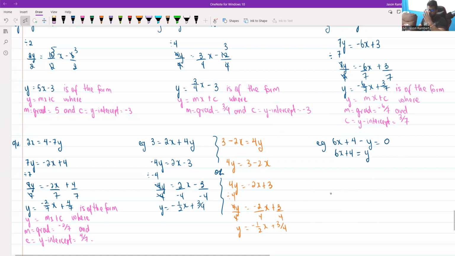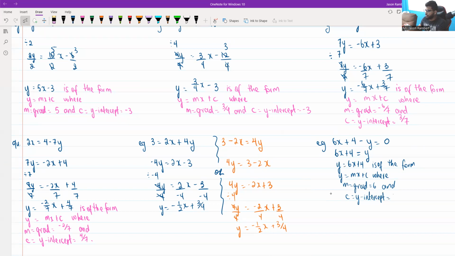In the same way I say if one side is the next side, the reverse is the same. y = 6x + 4 is of the form, you'll have to write it for the second one as well, right? y = mx + c, where m is the gradient, which is 6, and c is the y-intercept, which is equal to.